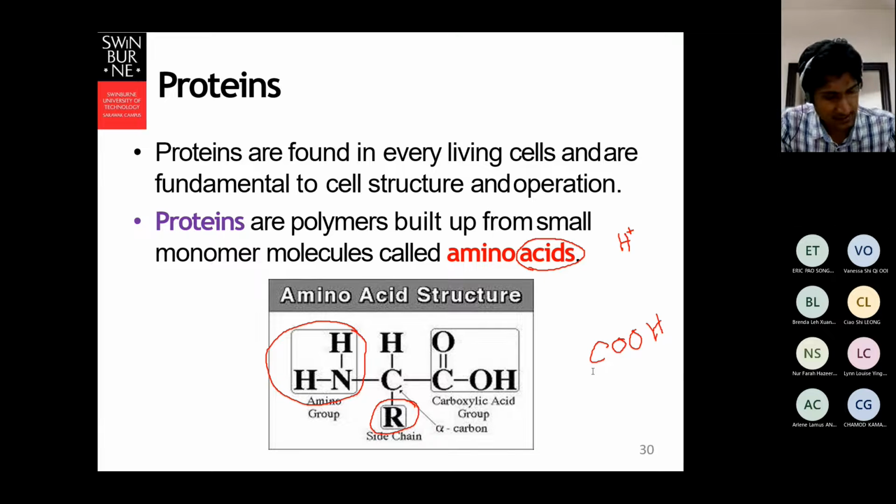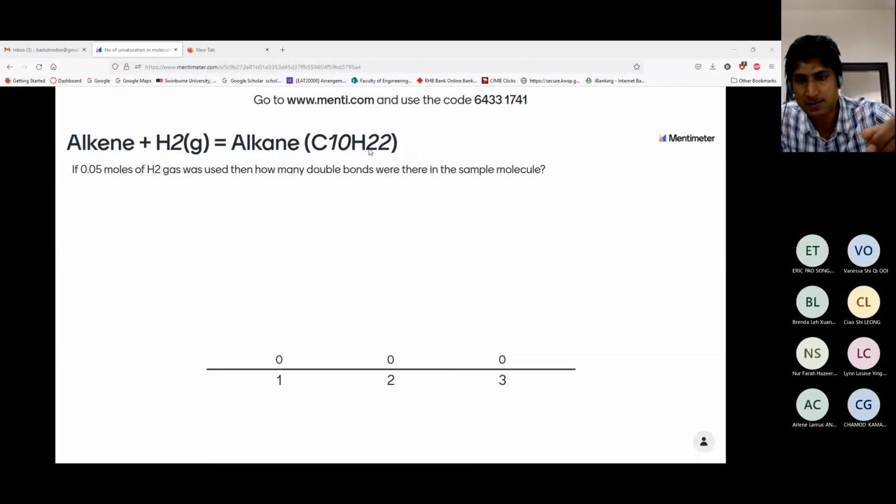The code is here. All right, I submit the code to you. Please go to mentimeter.com and try. And I'm sharing the screen with you too. All right, so please try.